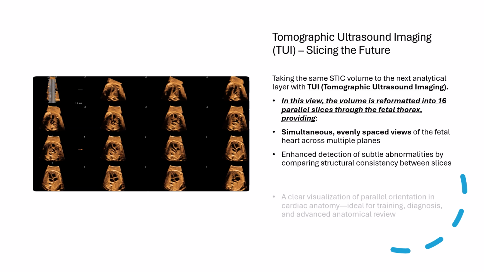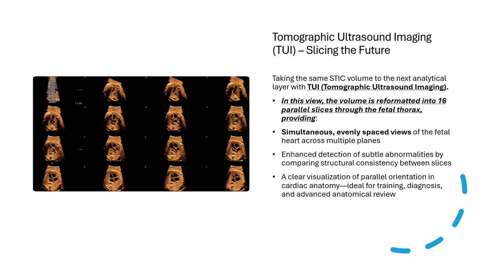The technique highlights the parallel orientation of cardiac anatomy, offering an exceptional tool for both teaching and advanced diagnostics. Think of it as a CT style display, but purely ultrasound, no radiation, and full resolution. TUI makes fetal cardiac assessment more accessible, more intuitive, and more precise, all while leveraging the strengths of real-time volumetric imaging.